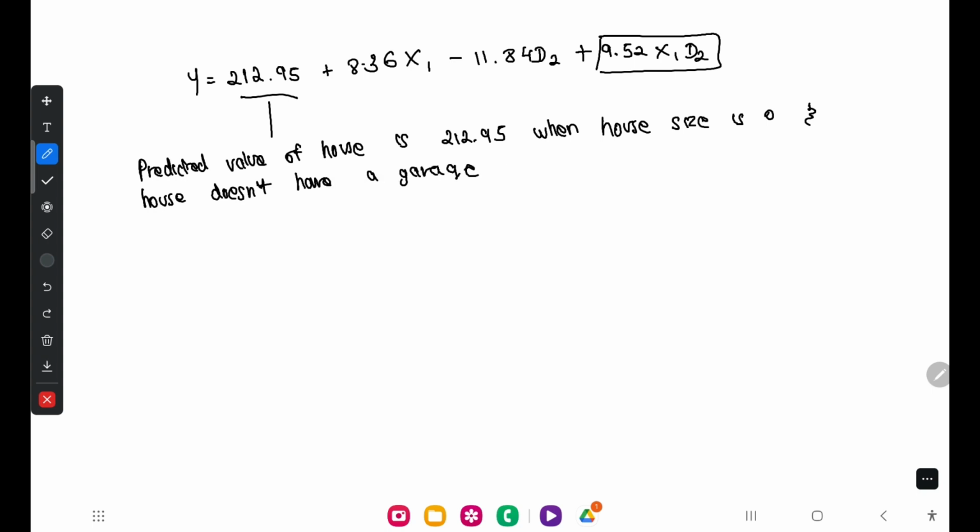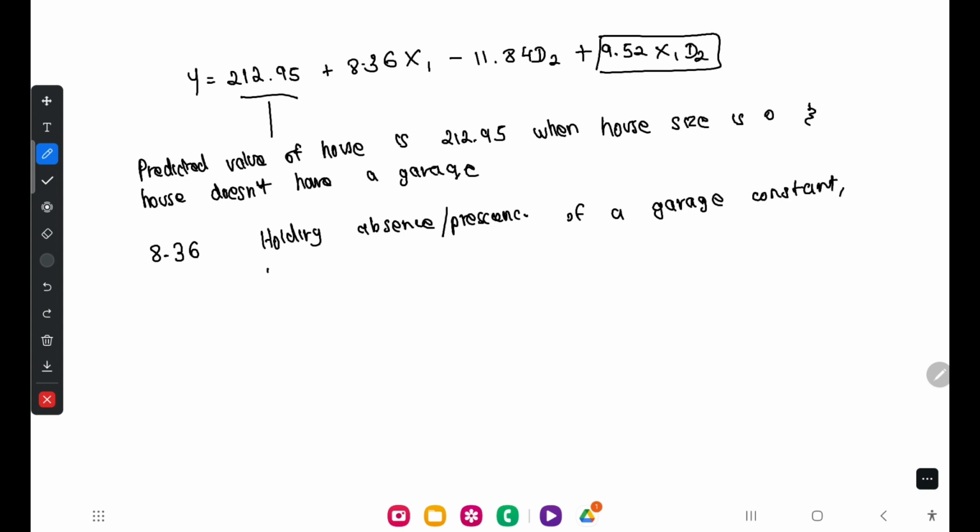Next is 8.36 x1. So is this a multiple linear regression? Yes. So if you're talking about the house size, we have to keep the other one constant. So we can start off saying holding absence or presence of a garage constant, same as before.